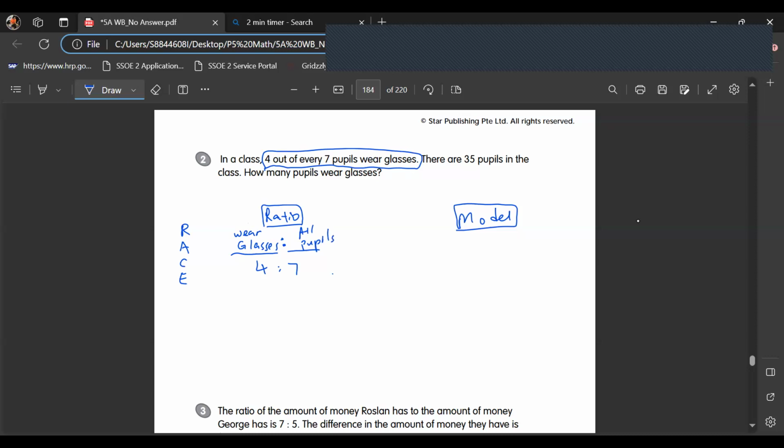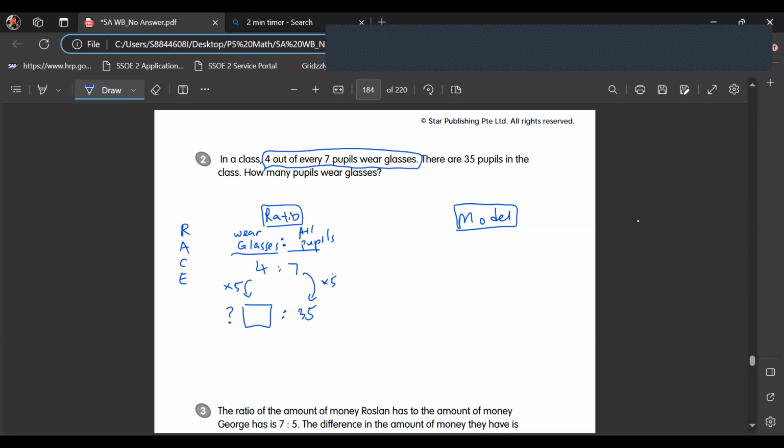So 7 units is the 35. Yes, so you know the 20 is the answer.